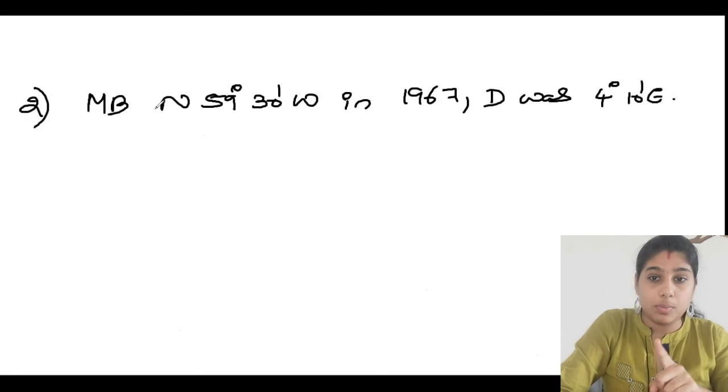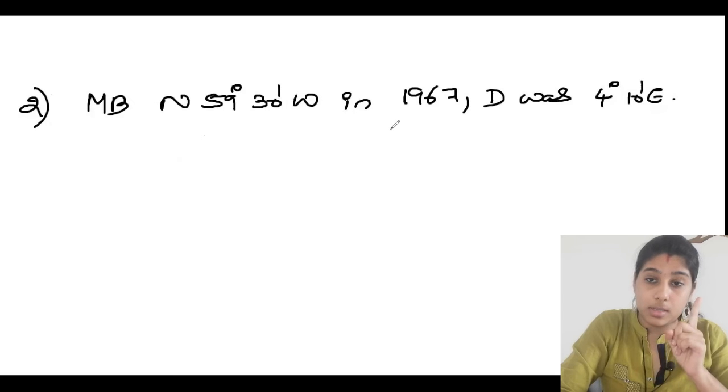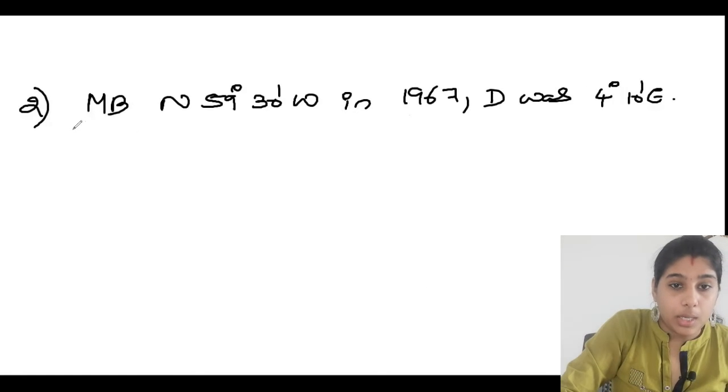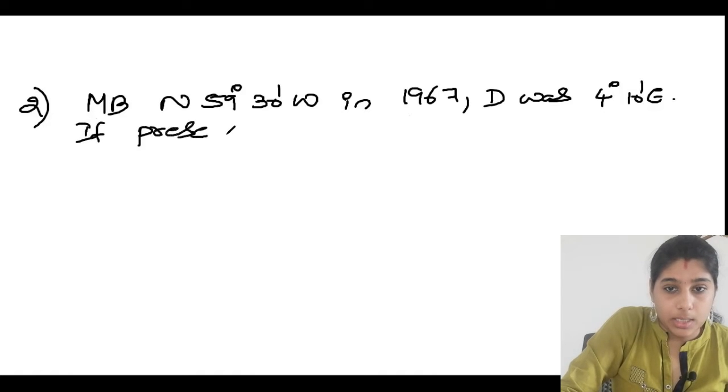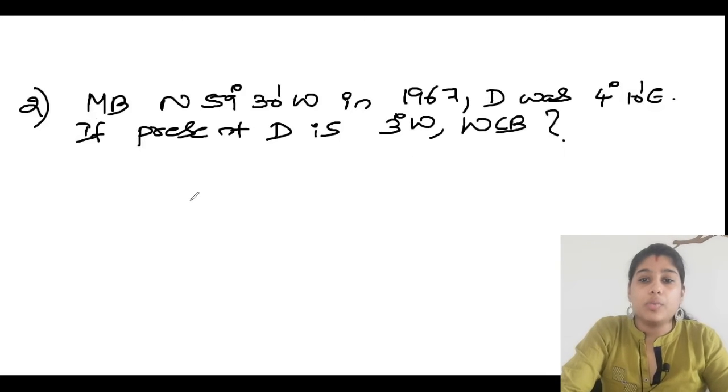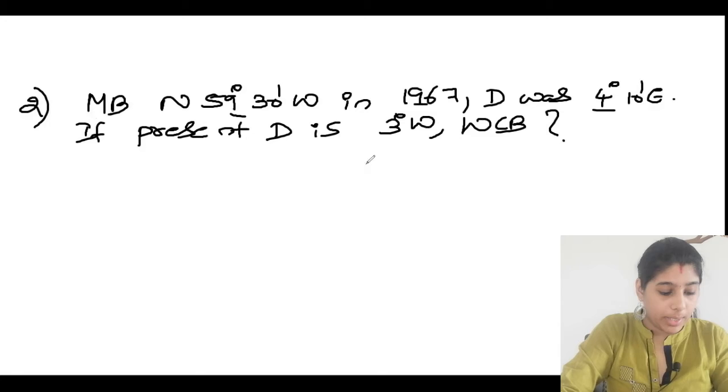Both are given at that time. And if the present declination is 3 degree west, what is the whole circle bearing of the line? So we know only what happened in 1967 and the declination.